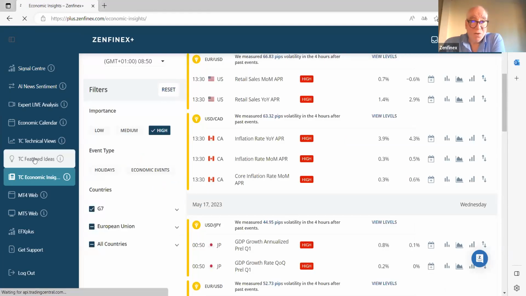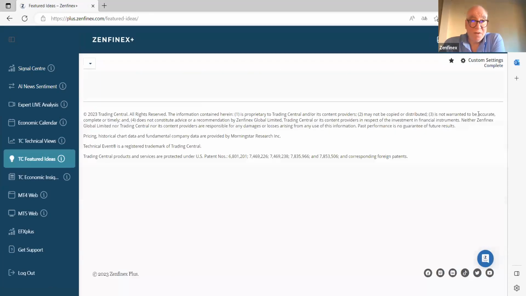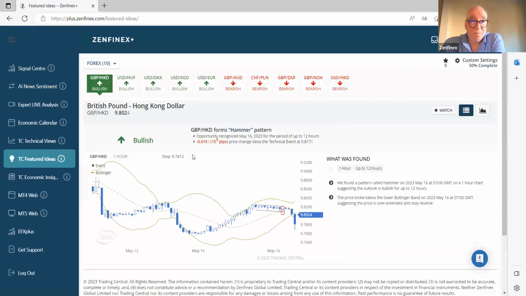In the meantime, while you're writing a question, if you have any, I'll have a look at featured ideas, which is a tool that looks for certain chart patterns, and again, you can see if they marry up with your ideas or whether they're worth taking.